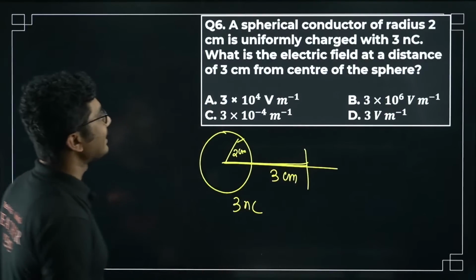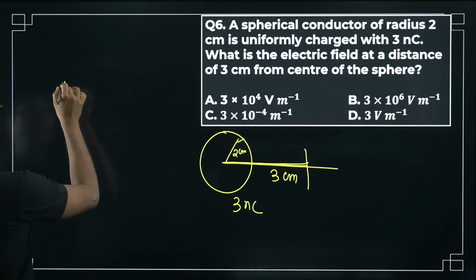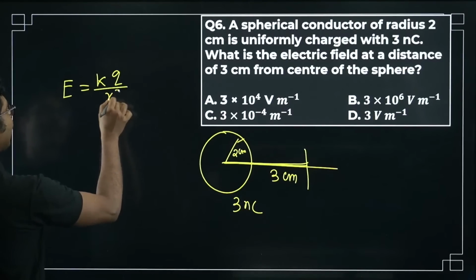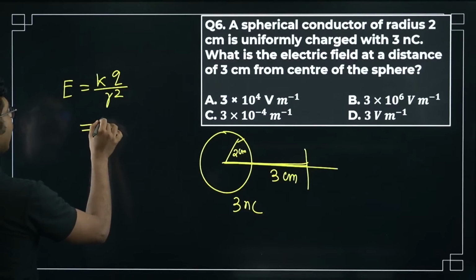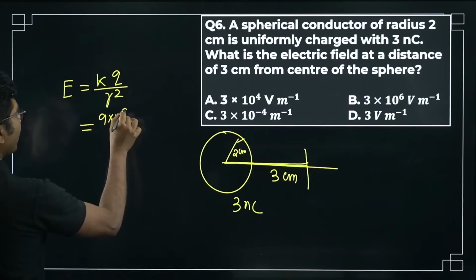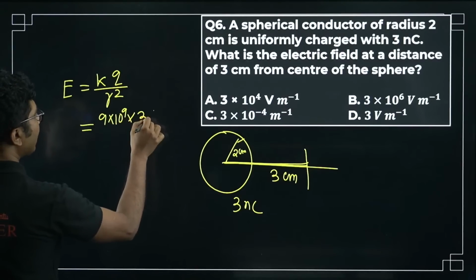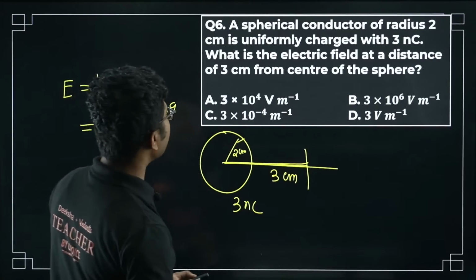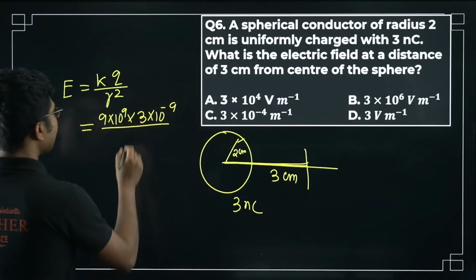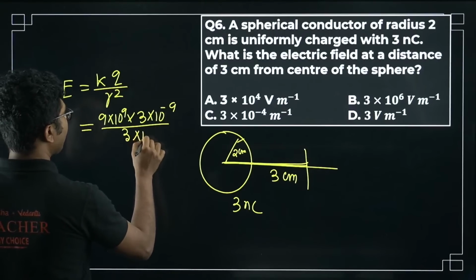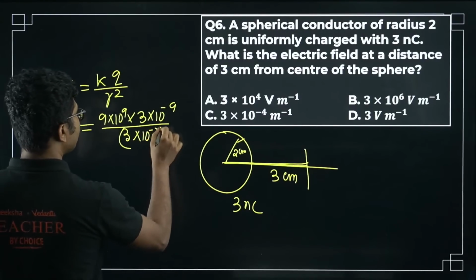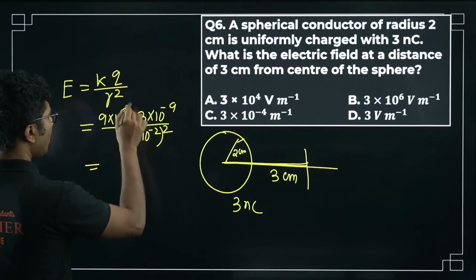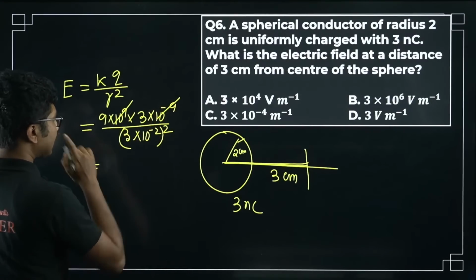So what will be the electric field? The value is easy. Electric field is KQ by R square. Directly we will apply the formula. K is 9 into 10 to the power of 9. Q is 3 nanocoulomb, and R square is 3 centimeter, which means 3 into 10 to the power of minus 2, whole square. So 10 to the power of 9 and 10 to the power of minus 9 cancel.